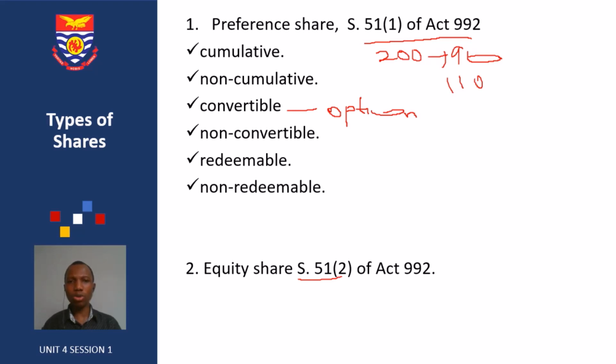Once the company wants to do so, it should comply with the provisions of the Companies Act. We also have non-redeemable preference shares. It means that with this type of share, the company which issued it cannot buy these shares back.